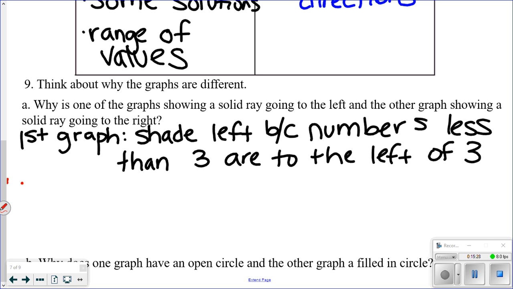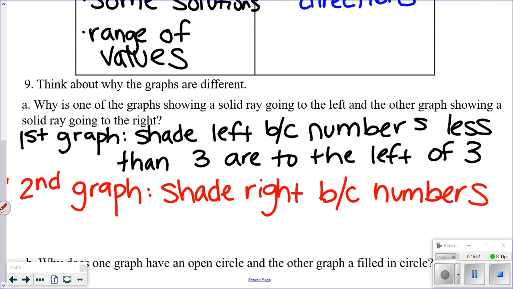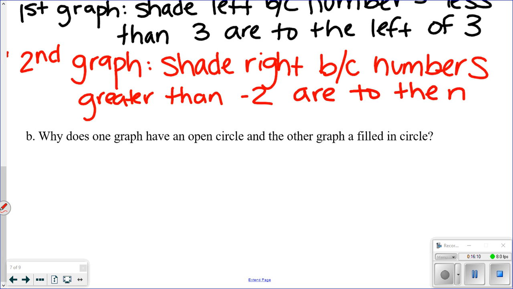So our second graph, or the graph on the right, this time it has a solid ray going right, or we shade to the right, because numbers greater than -2 are to the right on the number line.